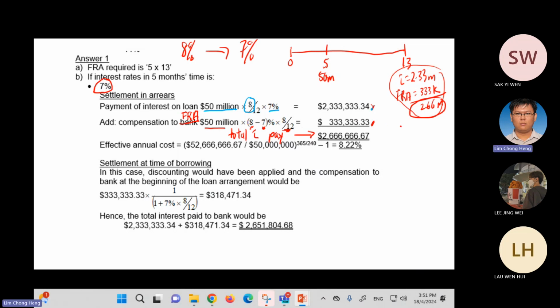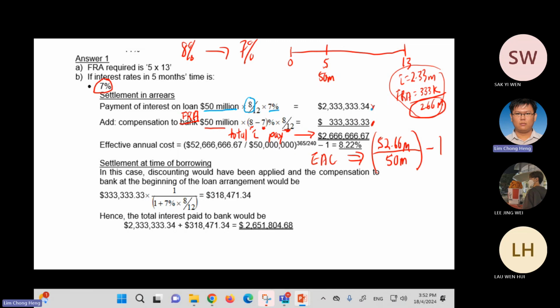So total you pay out is how much? 52.66 million. Principal plus interest. And then total principal is 50 million. Minus 1. Effective annual cost is this formula.